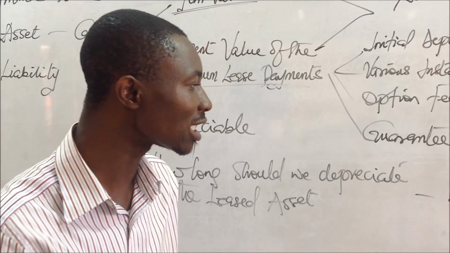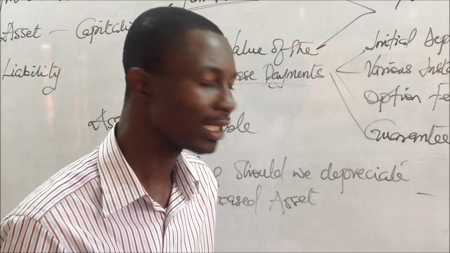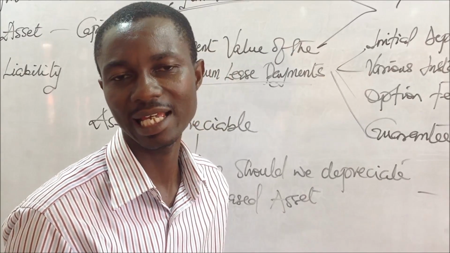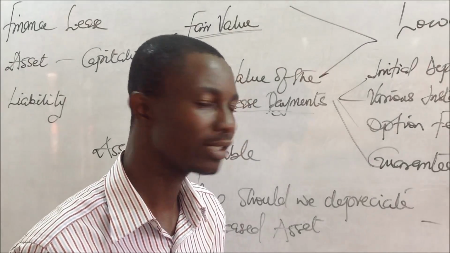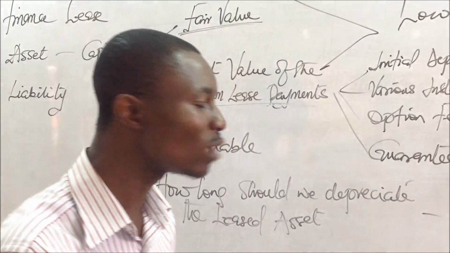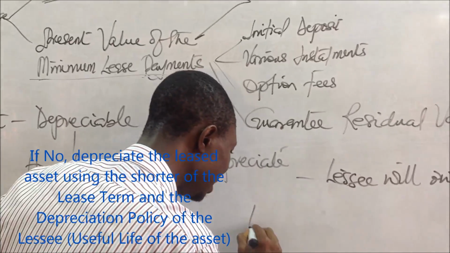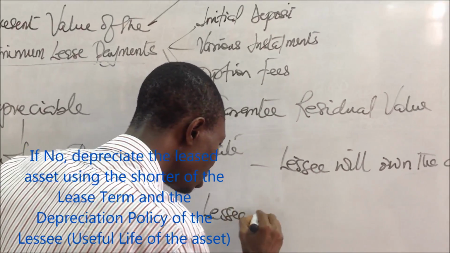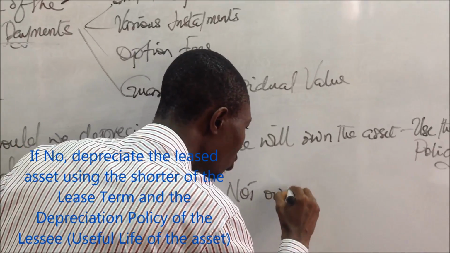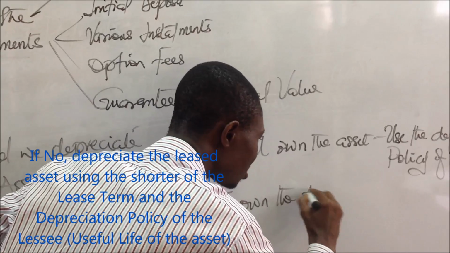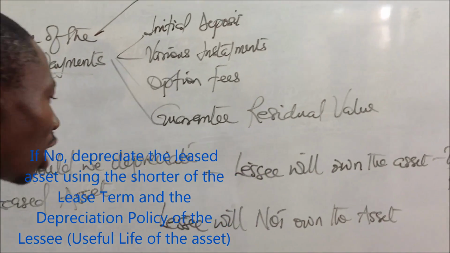Now, assuming that we don't have that certainty as to the lessee owning the asset, so it means that the lessee may not own the asset at the end of the lease term. If that is the case, there are two things we are going to look out for.